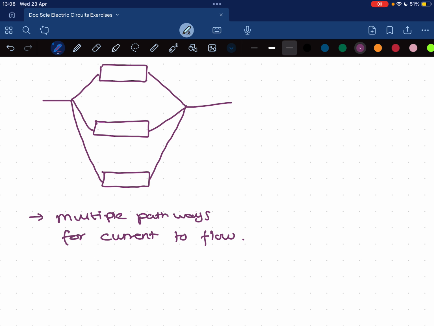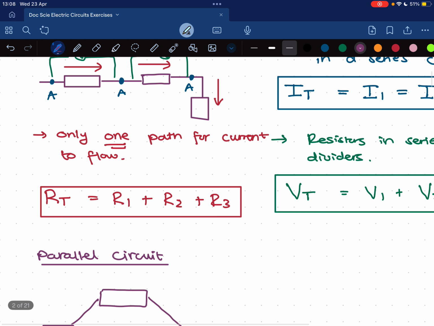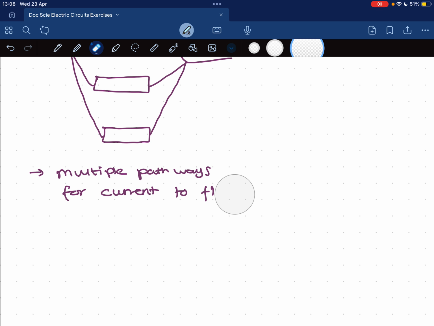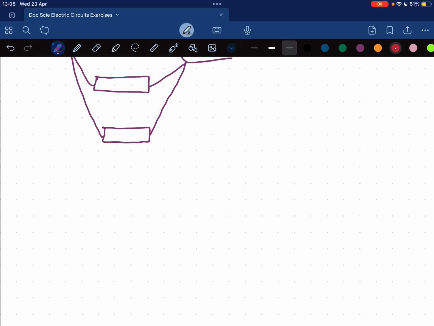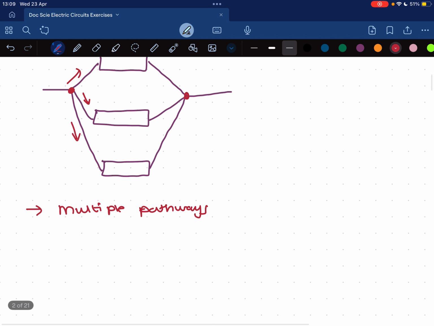So if this is true, then we look at, again, just like we did before, calculating the resistance, the current, and the voltage. We need to realize that if there is multiple pathways, now instead of just one pathway, there is a break in the connection where current can flow in multiple different ways. So it will start at this point and end at that point. That is where the multiple pathways start.